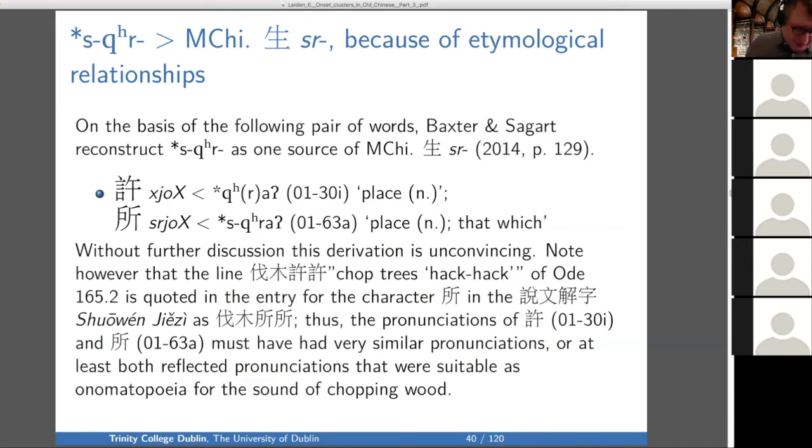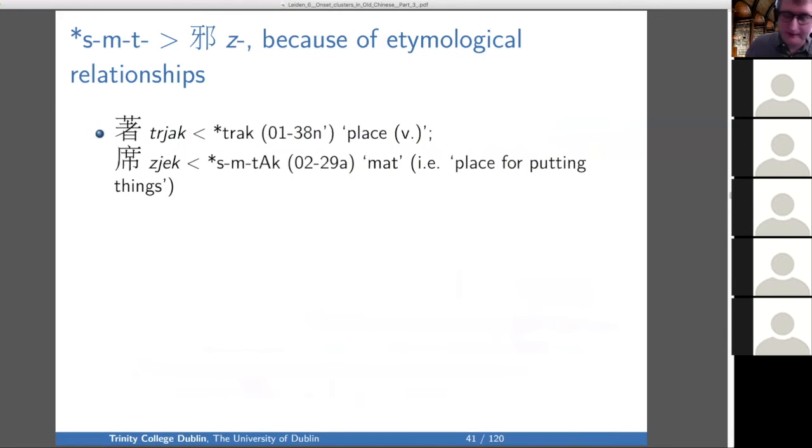So this suggests that let's say that at one point these two characters had very similar readings, or at least that both of them were sounds that could be used for the sound of hacking at wood. Yeah. So I think that philological evidence bolsters the idea.